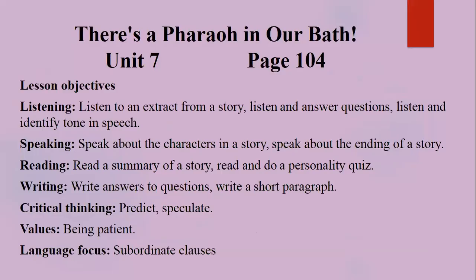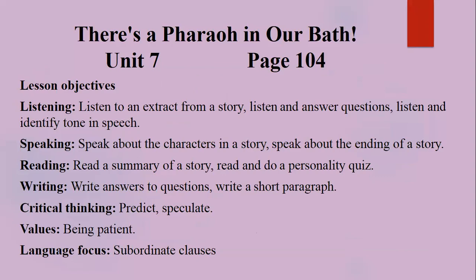During the lesson we listened to an extract from a story. We listened and answered questions, and we listened and identified tone in speech. Then we talked about the characters in a story and the ending of a story.